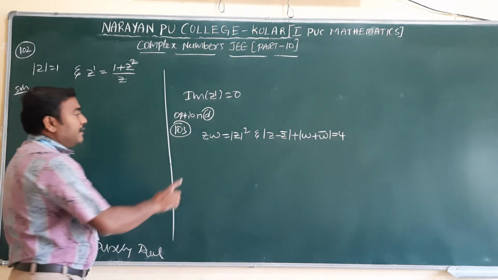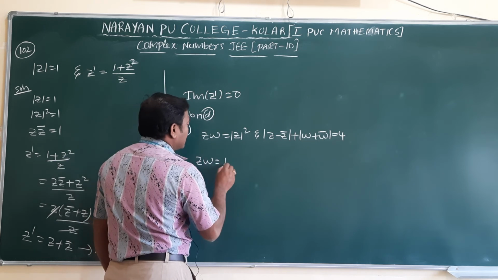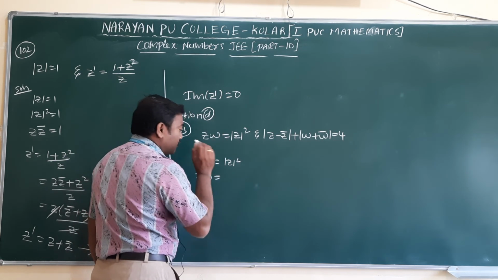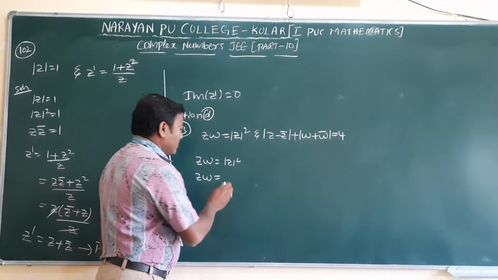Now first you have to consider z omega is equal to modulus of z square, which can be written as z into z bar.